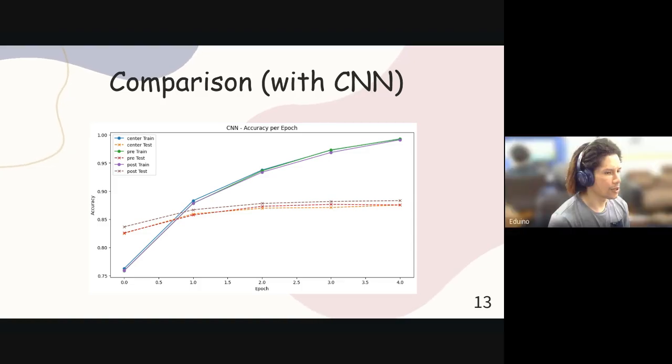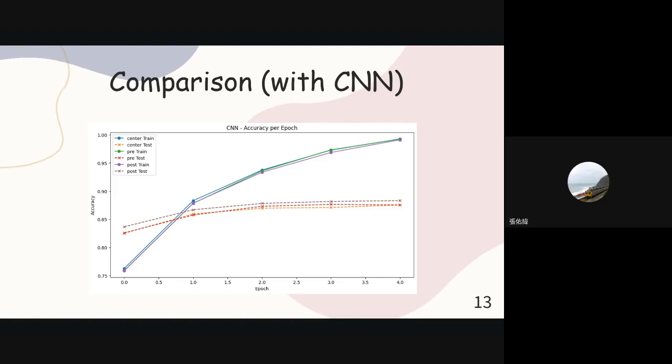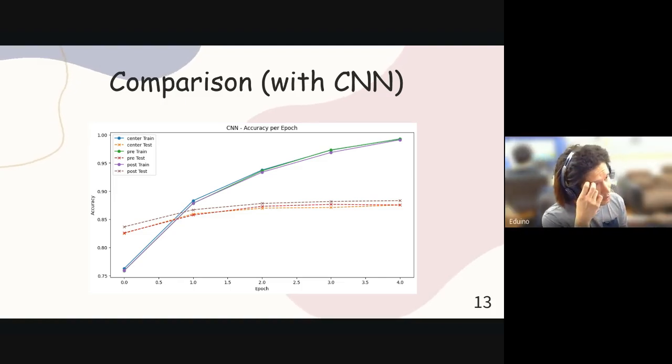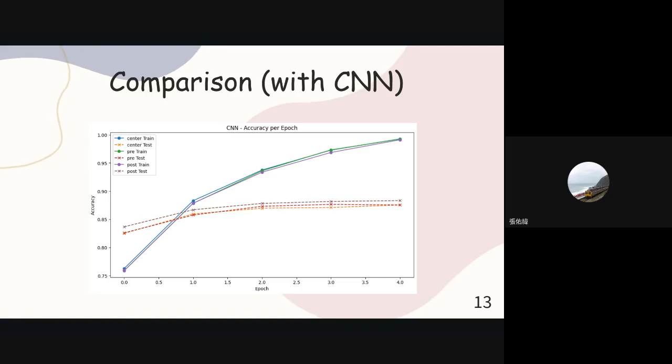Wait, so what exactly are you doing with the CNN here? Can you explain again what you're doing with the CNN in this slide? The CNN does the same mission of IMDB classification just like BERT, but we do this to know which one does better, which one is more unlikely to run into an overfitting state.